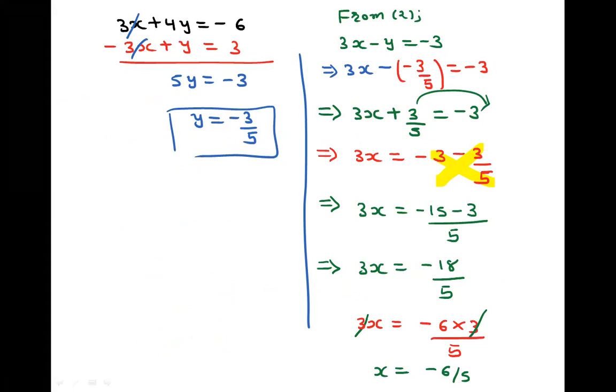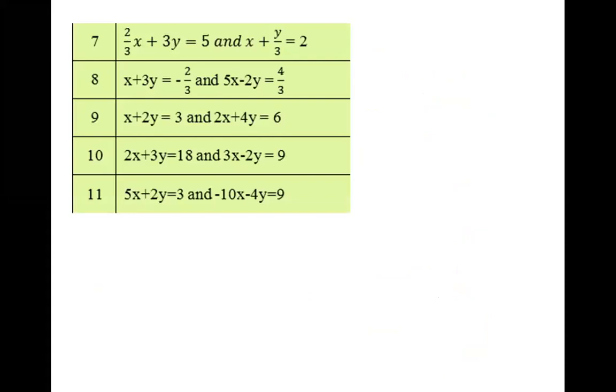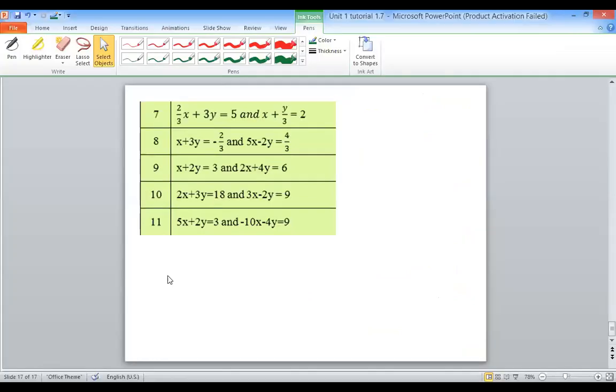So the student, I'm giving you two questions and tell me their answer. Okay? So the question on your screen, solve it and tell me their answer. You can try number 7. Tell me the answer of 7.